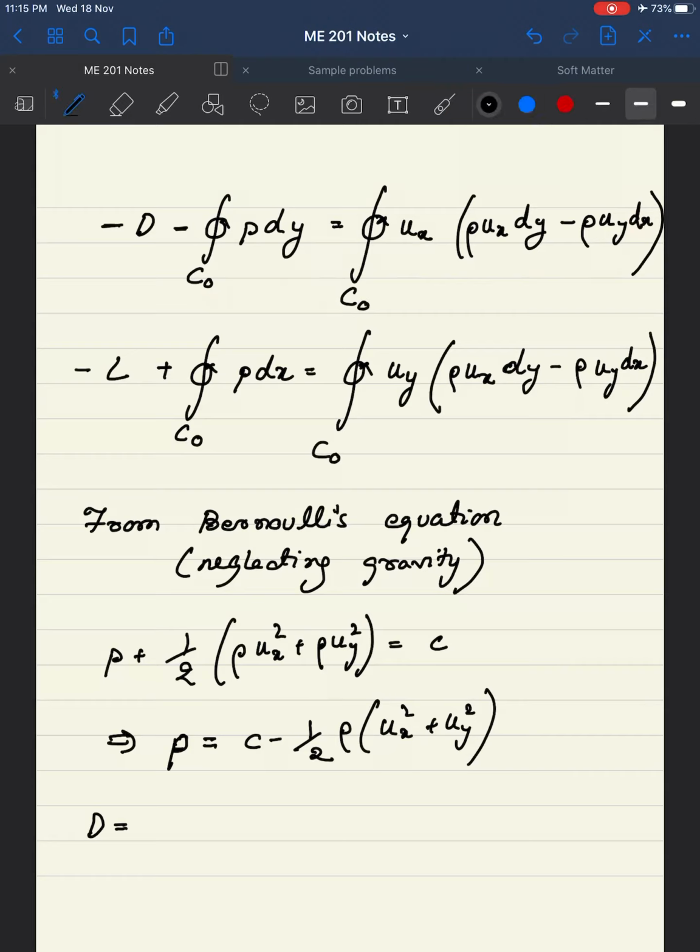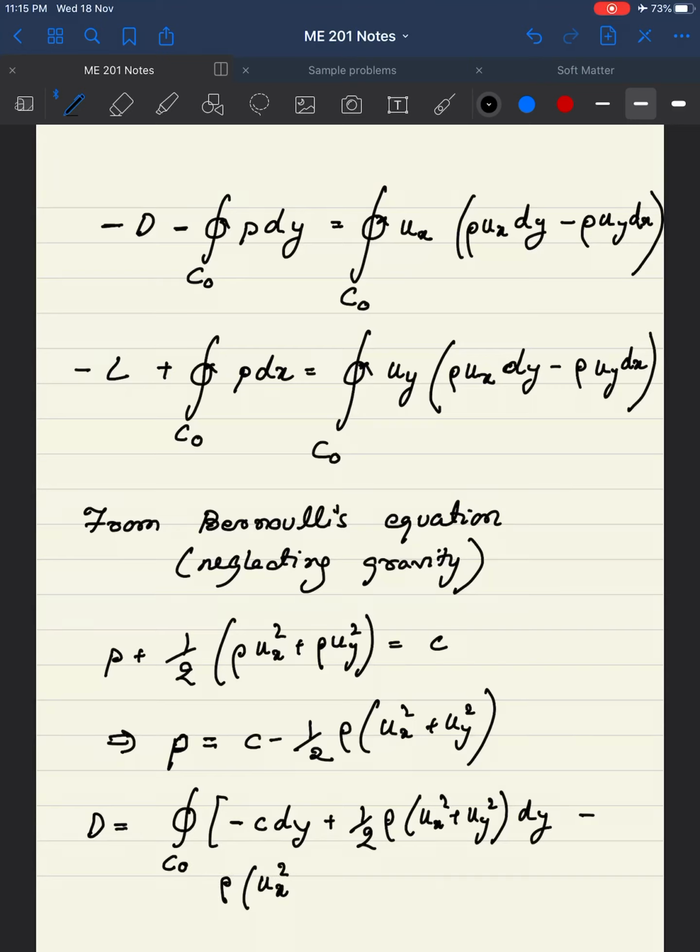So then D will end up becoming this integral over C0, and here you'll have many terms, so let's write them carefully. It will be minus C dy plus half rho ux square plus uy square dy minus rho ux square dy minus ux uy dx.